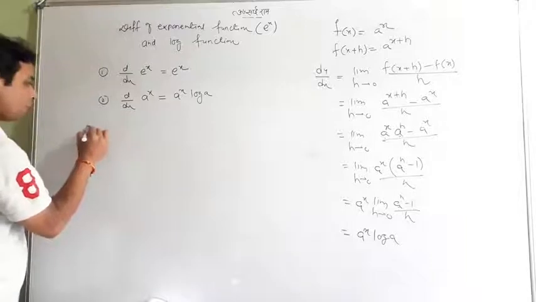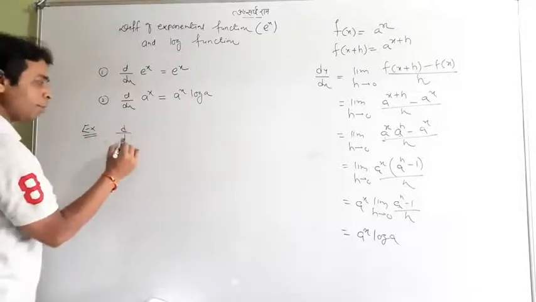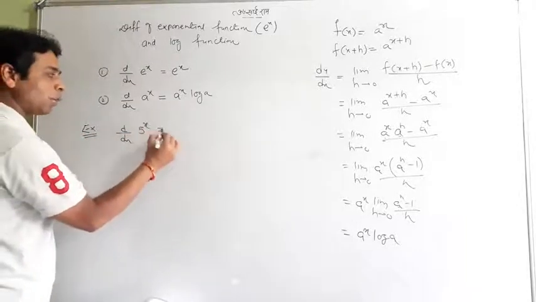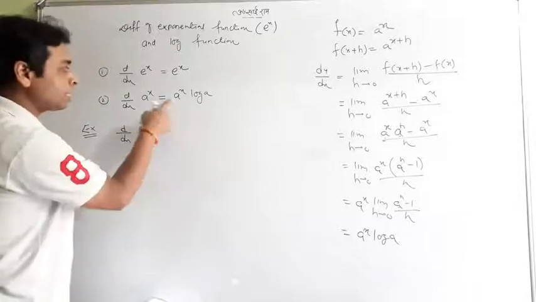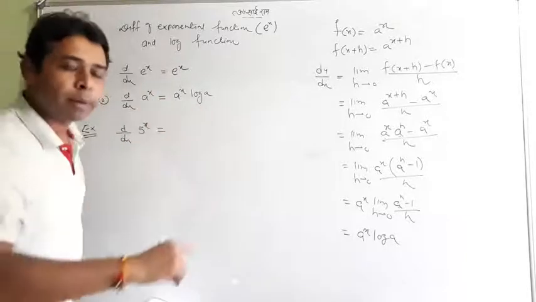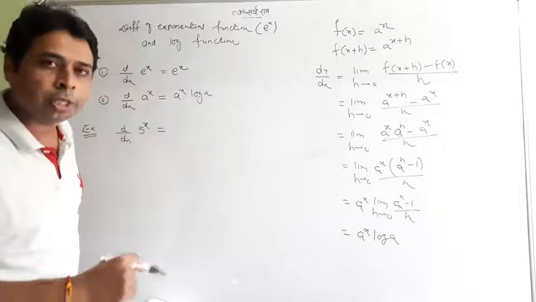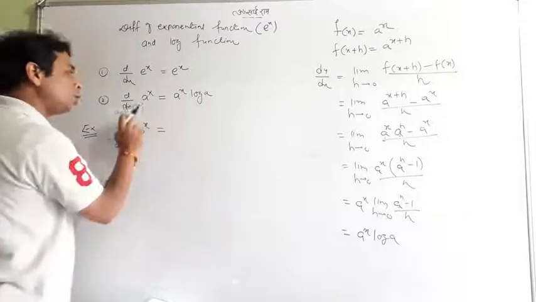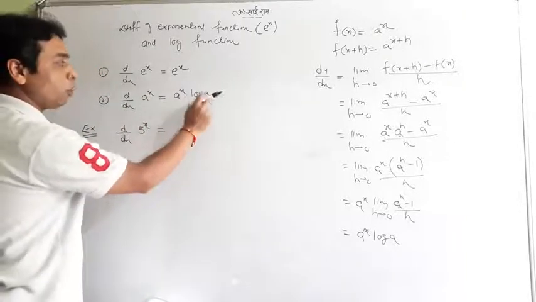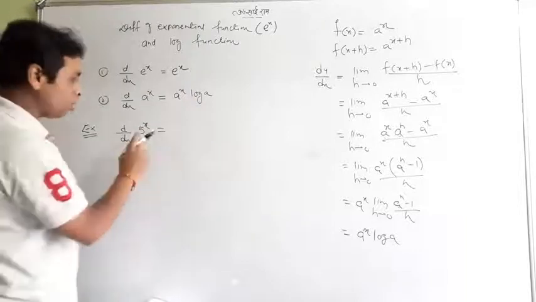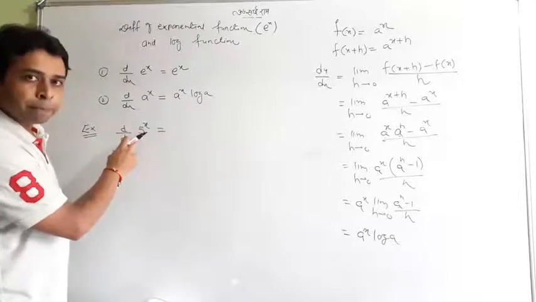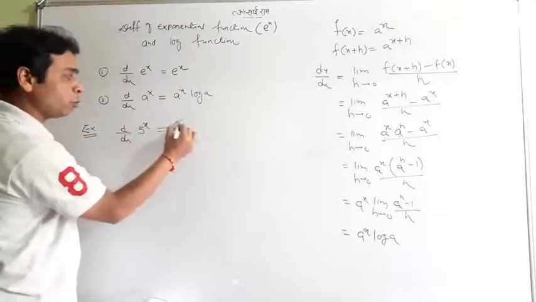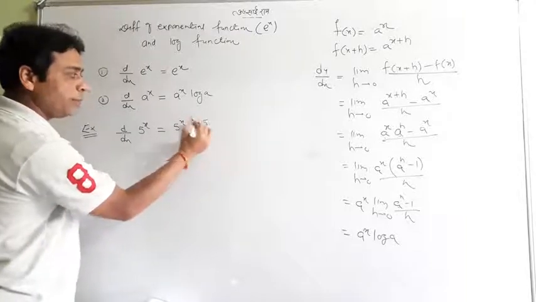Suppose I want to give you an example: d by dx of 5 to the power x, what will it be? It will be the same into log a. Keep in mind the terminology: the differentiation of a to the power x is the same into log a. 5 to the power x, we have a question, 5 is a number. So number to the power x is the same into log a, meaning log 5.